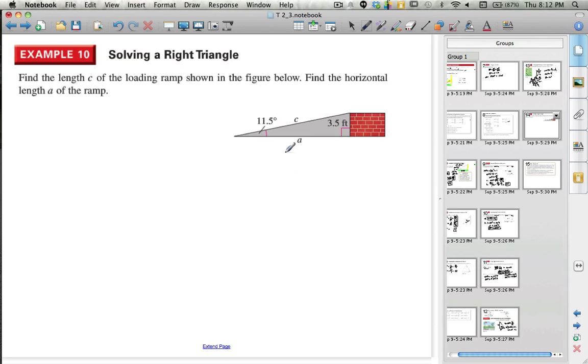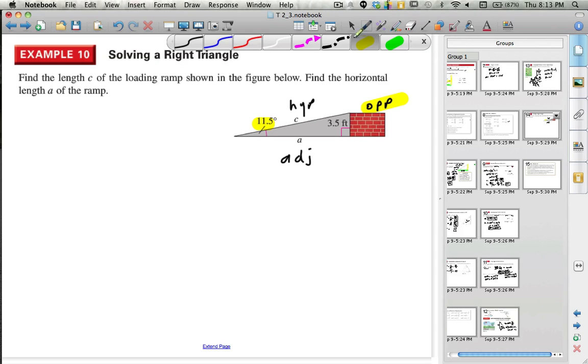So when you start thinking about this, I've got the side opposite. And what they want me to find is the hypotenuse and the side adjacent for 11.5 degrees. So I've got the side opposite and I've got the angle.